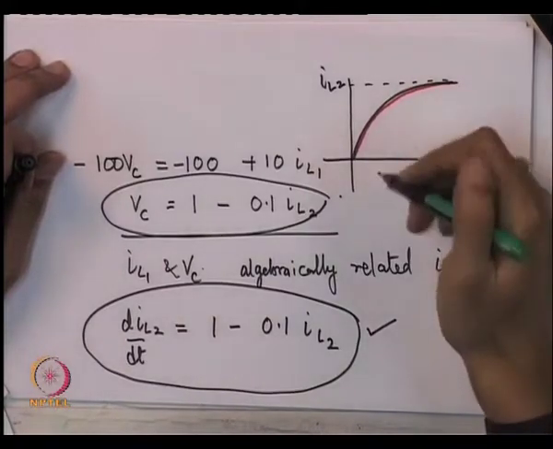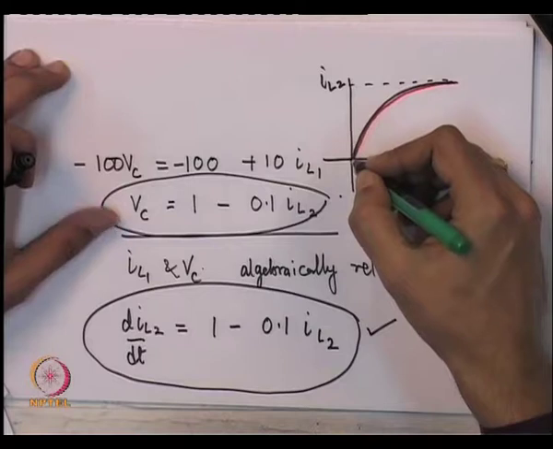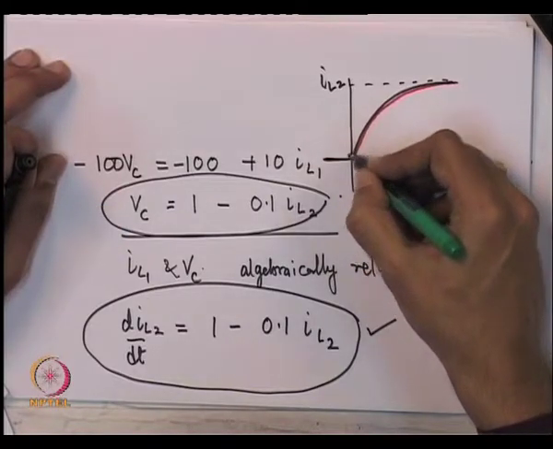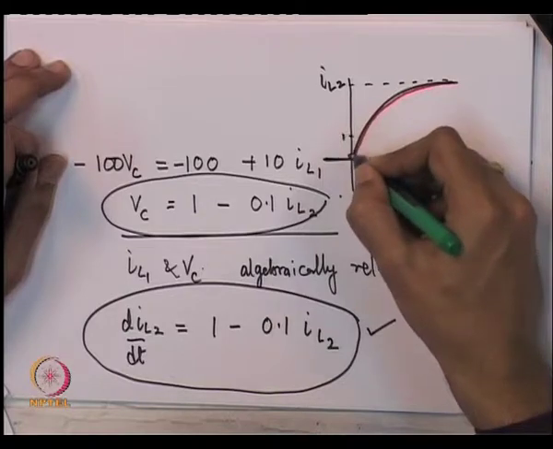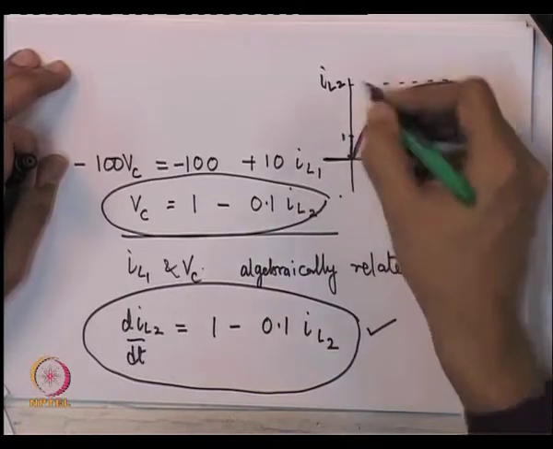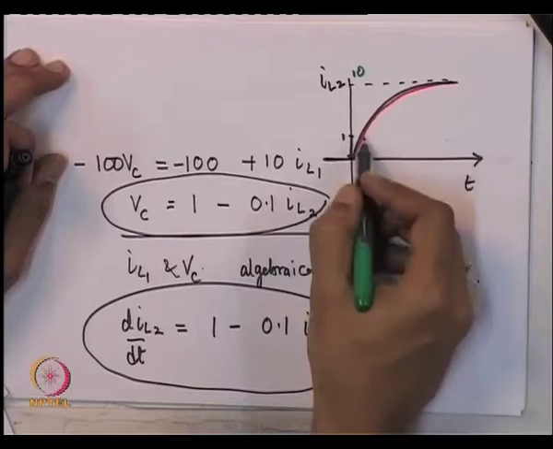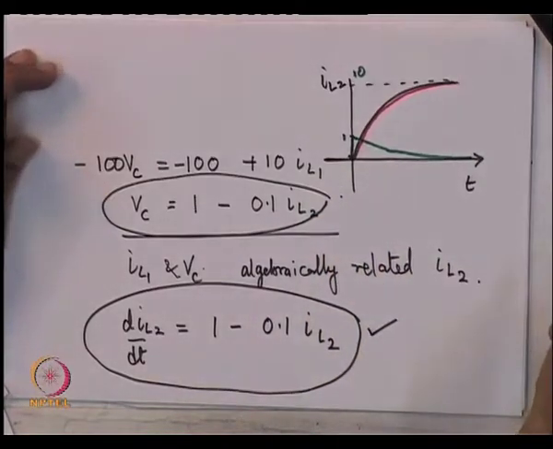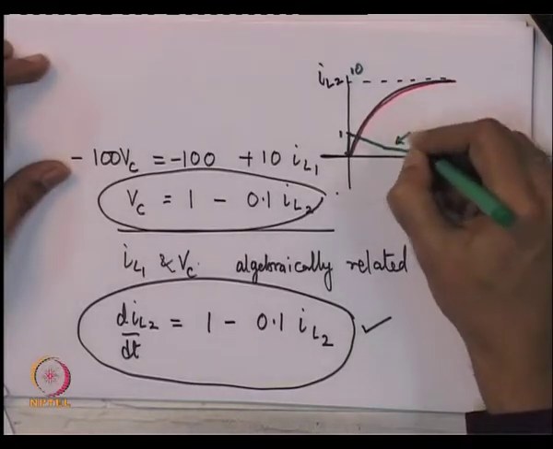So, if you look at the response of Vc, this is 1. So, you will have this is 10, it is not to scale, like this. So, this is Vc.